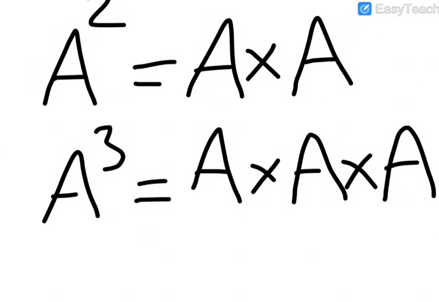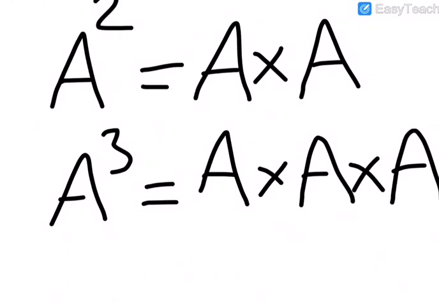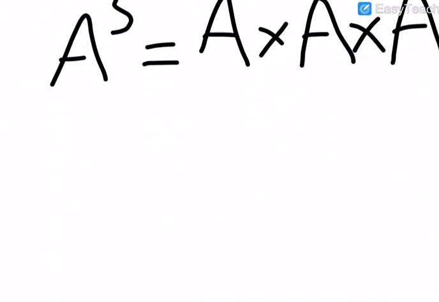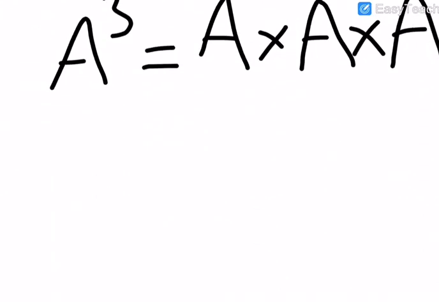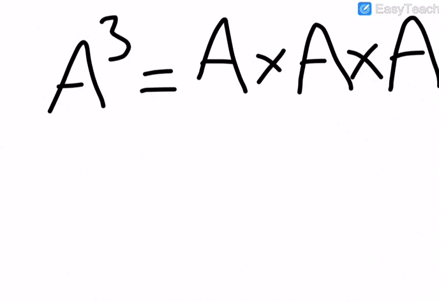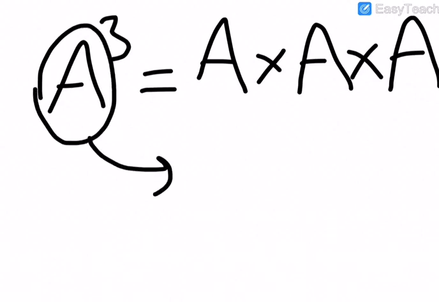There is a condition. The matrix A needs to be square. So if you want to define the power for the matrix, A should be a square matrix. Don't forget this one. If it is a rectangular matrix, you cannot do the multiplications.